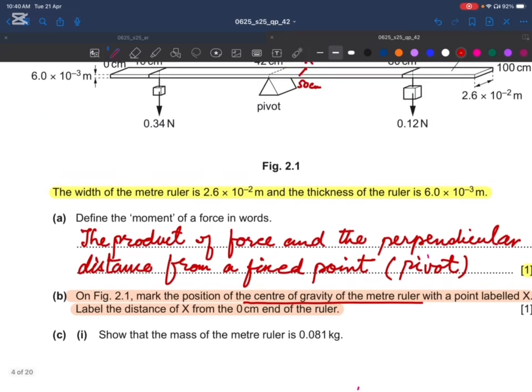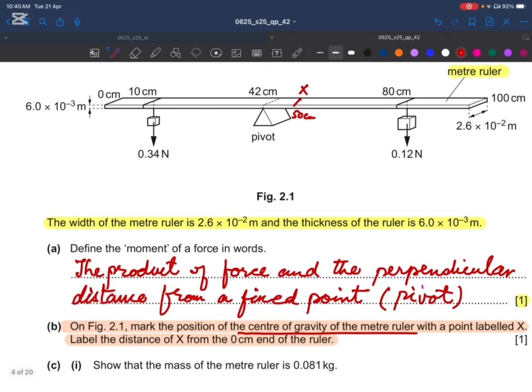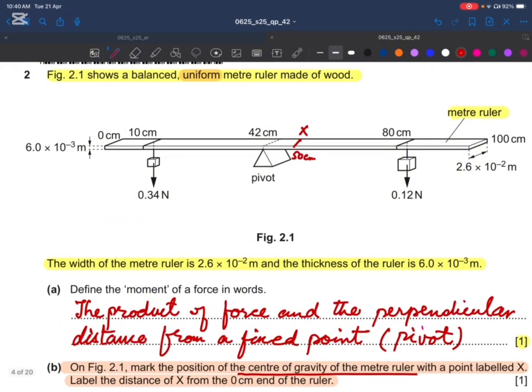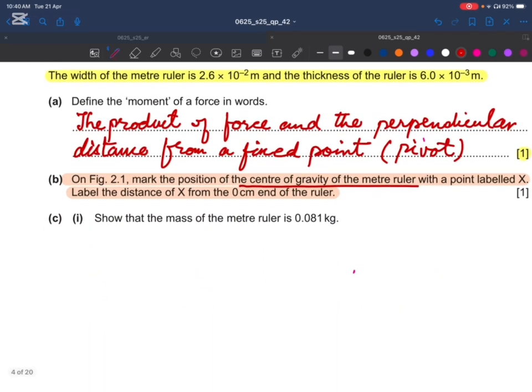Where will you mark this? Because this is the center, and the distance is 50-50 from both sides. So it is very important to remember that whenever you have a uniform meter ruler, you have to mention this at the center of the ruler.